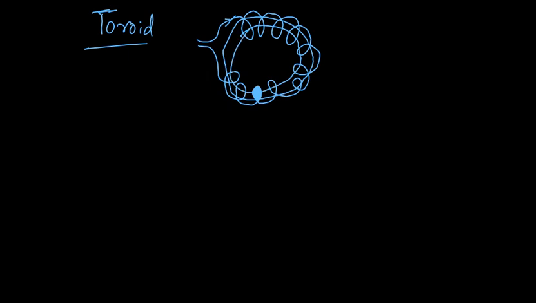So there is a ring, and the ring has the winding around. That's what the toroid is. It is nothing but a solenoid which has been bent into a circular shape to close on itself. See?